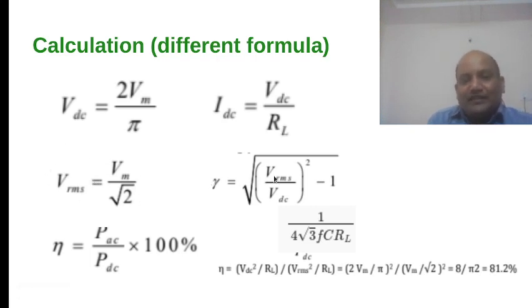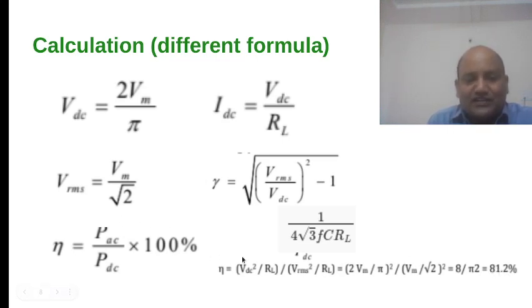When you divide Vrms by VDC, take the whole square and minus 1, you will get the ripple factor root. And eta, written wrong here, is PDC divided by PAC multiplied by 100. This means efficiency. This is your theoretical efficiency, 81.2.